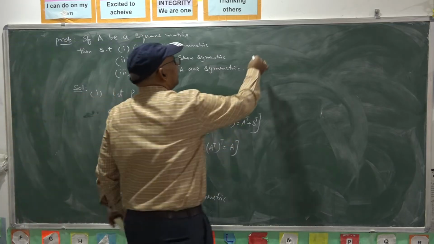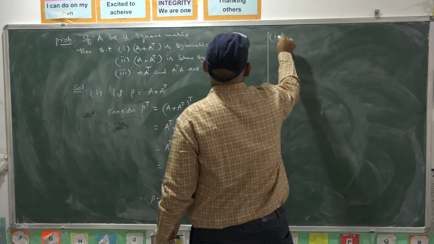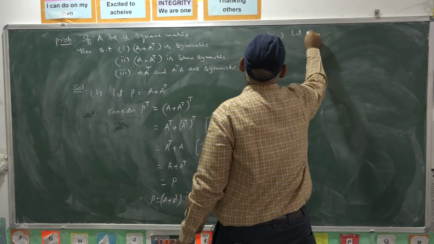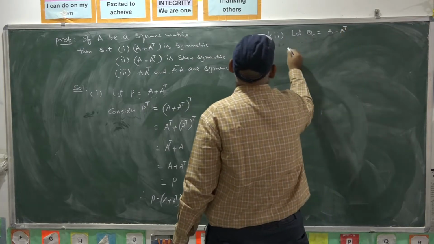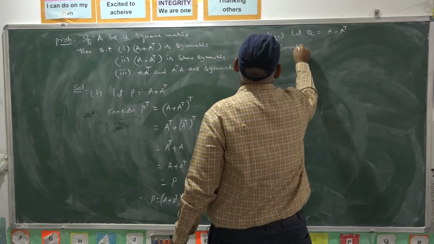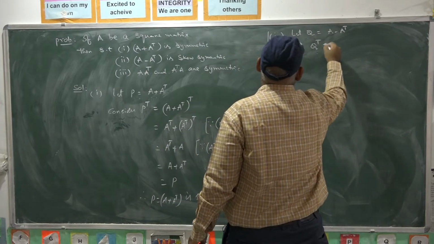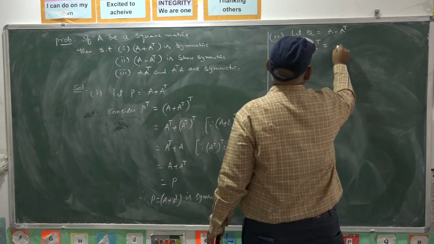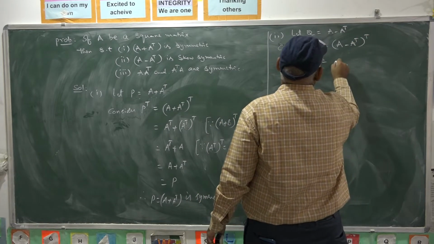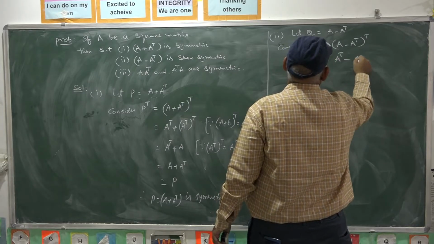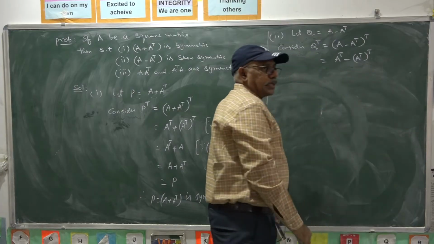Similarly, the second one, let Q is A minus A transpose. To show that Q is skew symmetric, let us consider Q transpose. Q transpose is A minus A transpose whole transpose, that is A transpose minus A transpose whole transpose, as in the previous case.